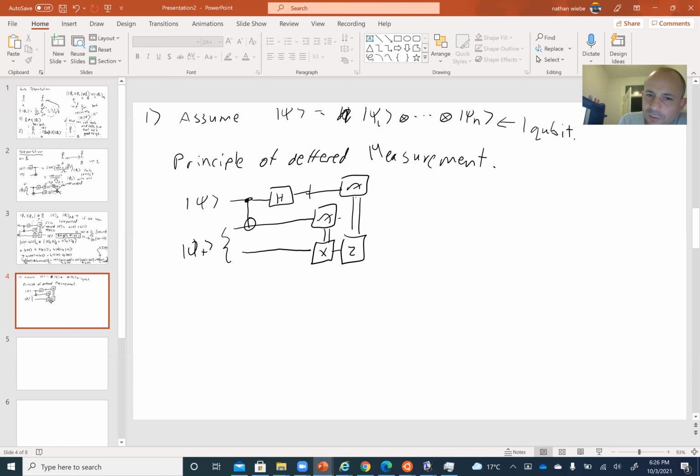We could say, well, this measurement over here, if we measured and got a 1, then the resulting state that we're going to get will be the state that is consistent with this value being 1. And similarly, if we measure the top one to be 1, then this state over here will be consistent with being plus 1.